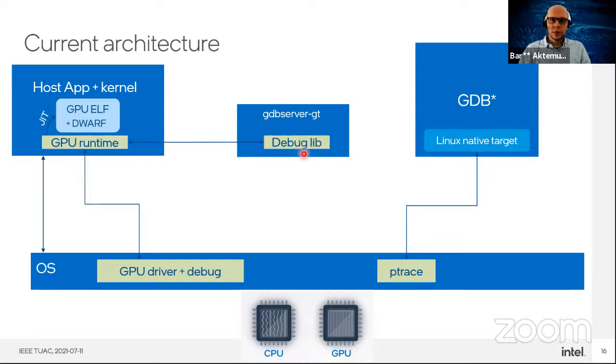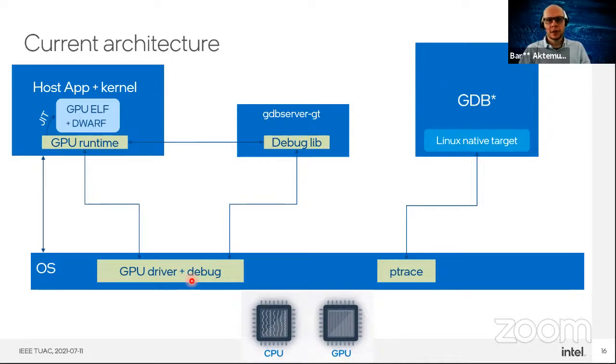And it is linked with a debug library, which communicates with the GPU runtime, so that the GPU runtime is going to understand that the kernel is being debugged and will do the necessary setup. And the debug library also talks to the debug driver.